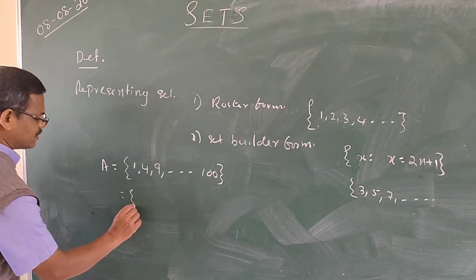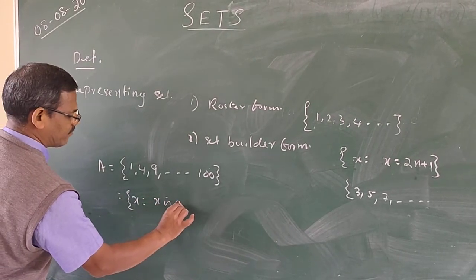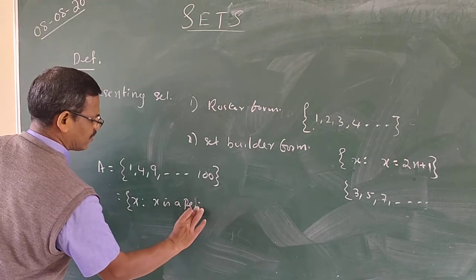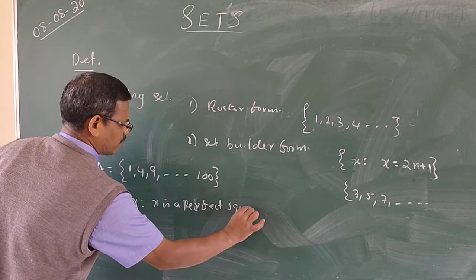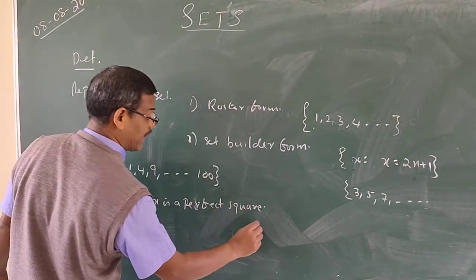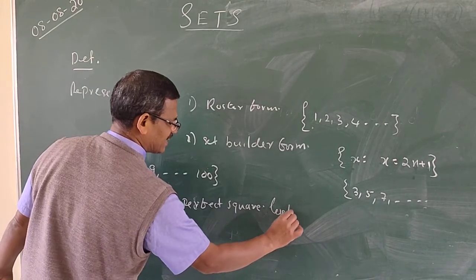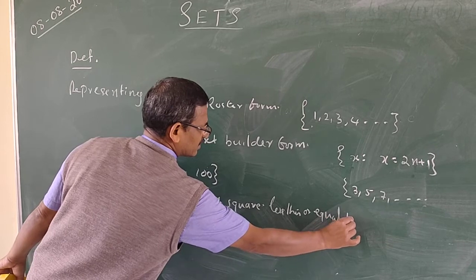It will be like this: set of all x such that x is a perfect square. Most of you have written only up to here, perfect square. Perfect square number less than or equal to 100 is also required.